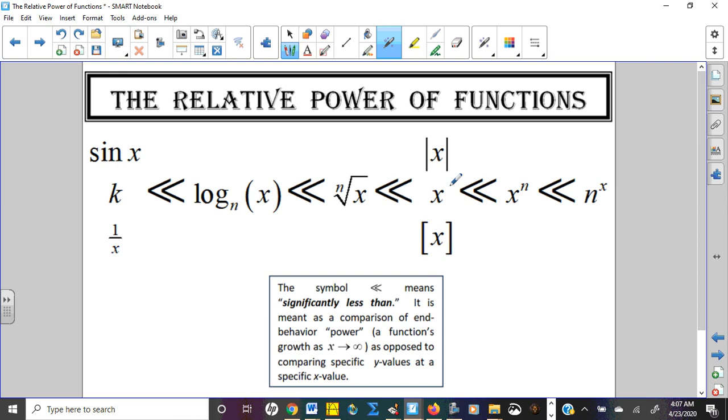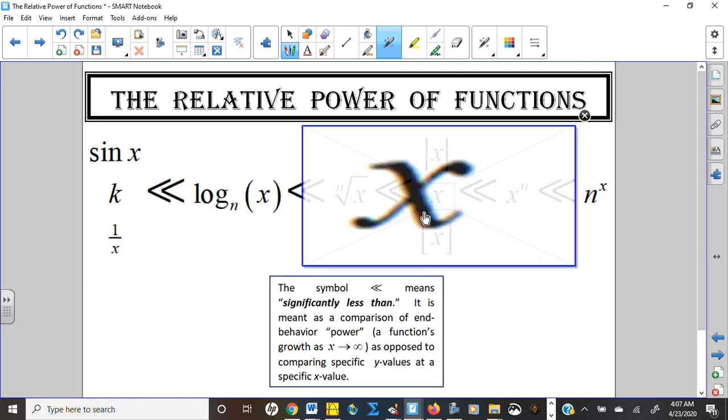What we're going to see when we start looking at the graphs is that the value of x is your moderate, steady growth. It's called the identity function. So however far over you go, that's how far up you go. It's got the steadiest growth.